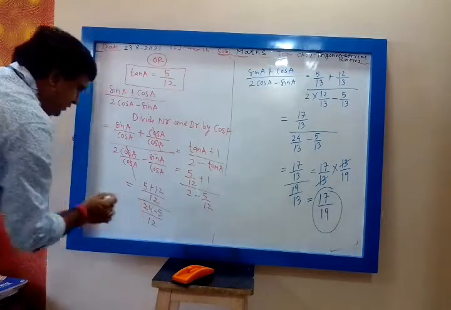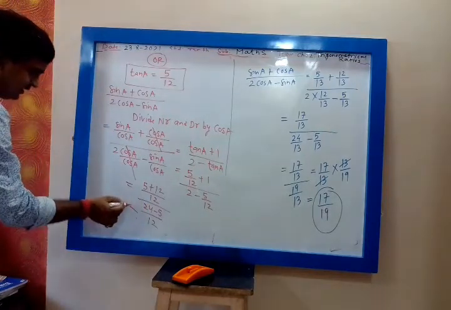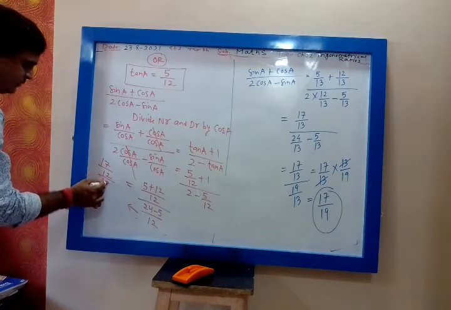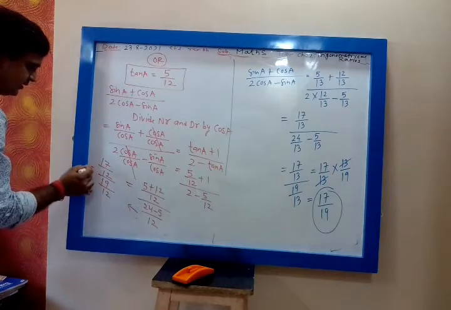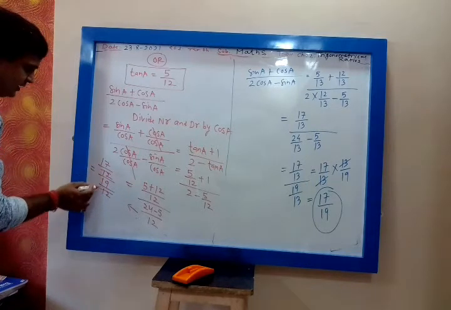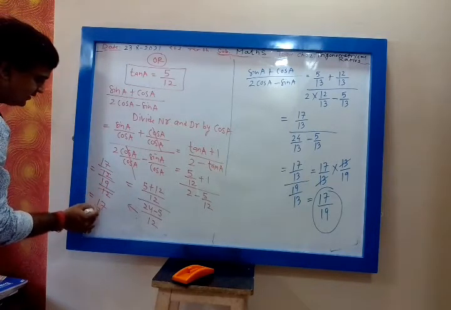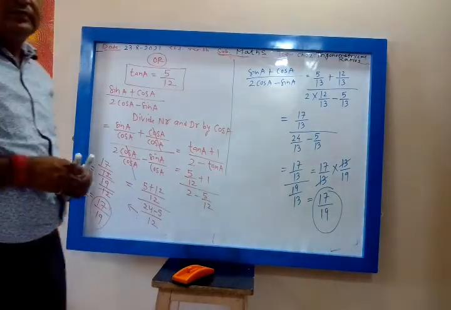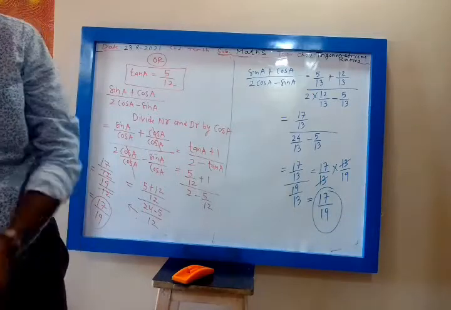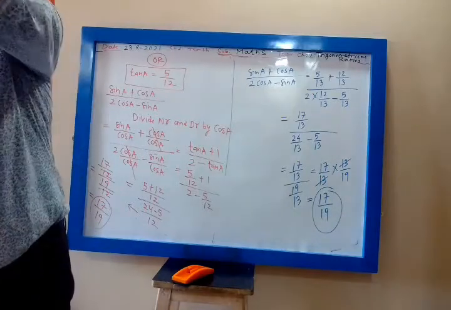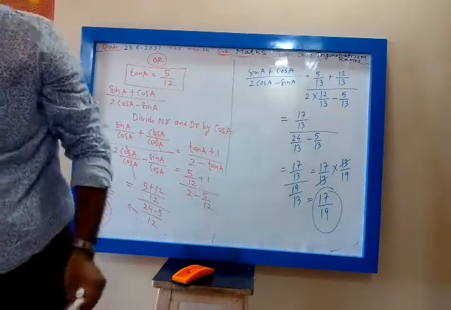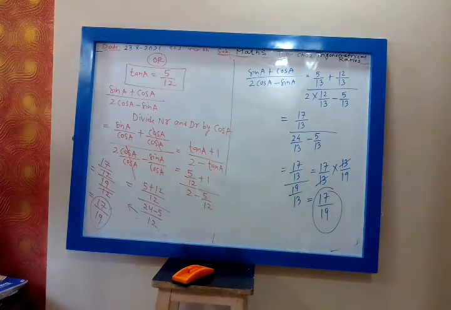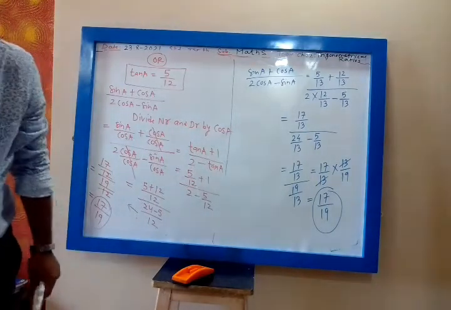So that is 17 by 12 divided by 19 by 12. 12 gets cancelled. Answer is 17 by 19. So if you solve by this method, there is no need to draw the diagram. Is it clear?